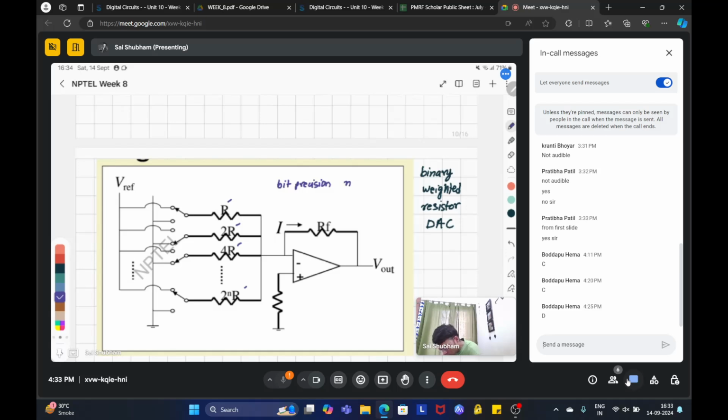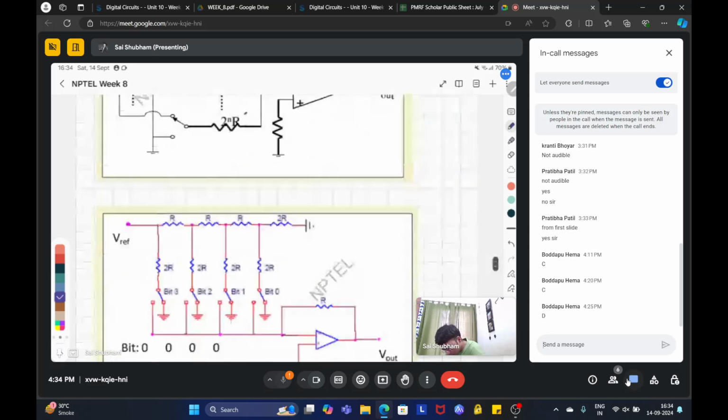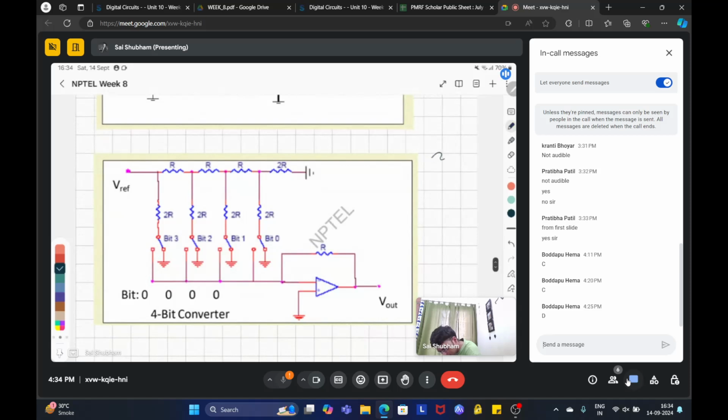If you want a voltage value to be converted into n-bit digital output, you will have to keep n different resistors, each 2 times the previous one. So this is your binary weighted resistor DAC. The other one is R2R ladder. So this is a simpler one.